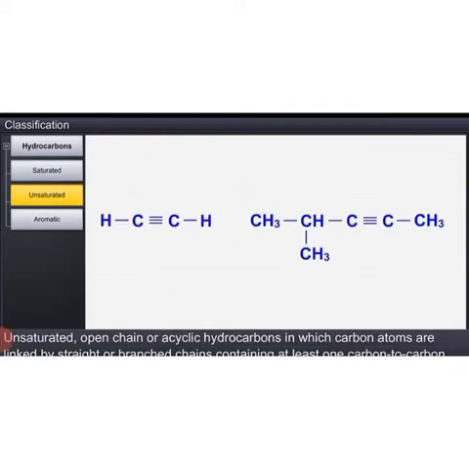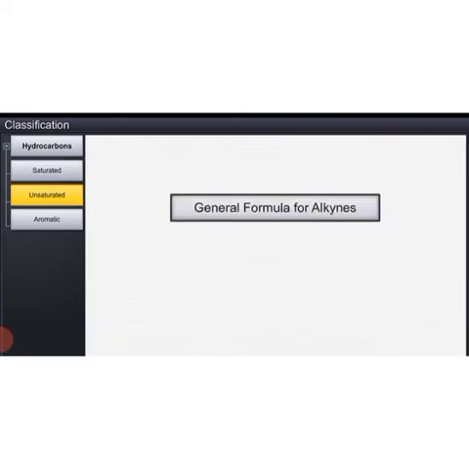Unsaturated, open chain or acyclic hydrocarbons in which carbon atoms are linked by straight or branched chains containing at least one carbon-to-carbon triple bond are called alkynes. The general formula for alkynes is CnH2n-2, where n is the number of carbon atoms.